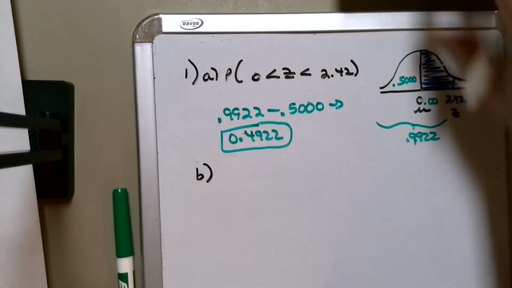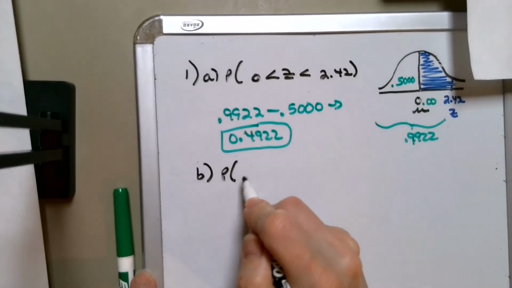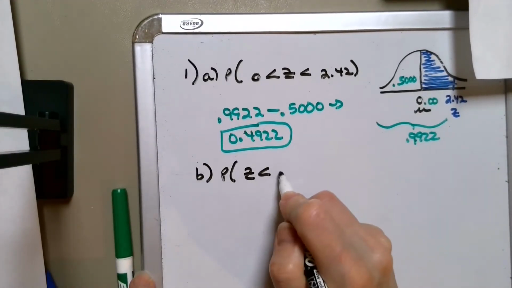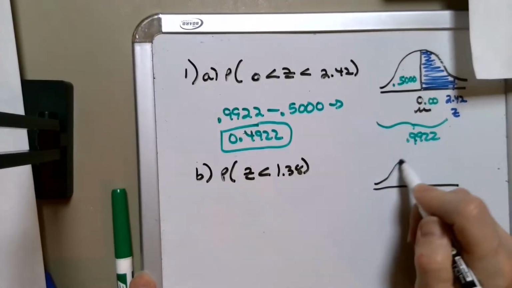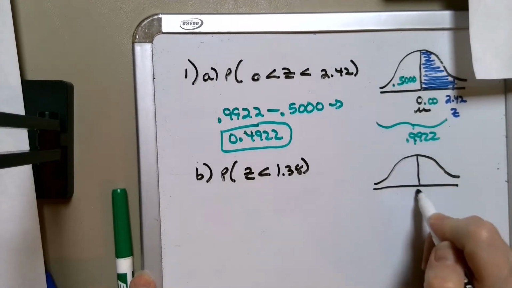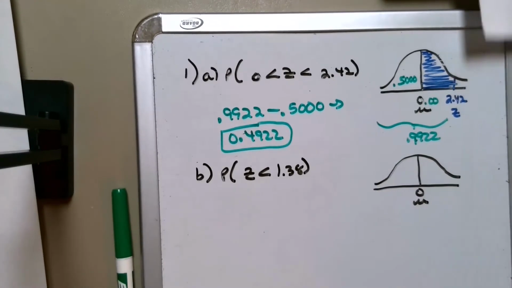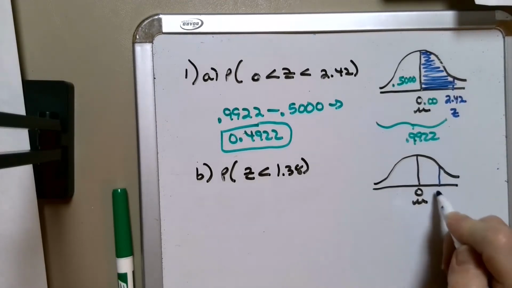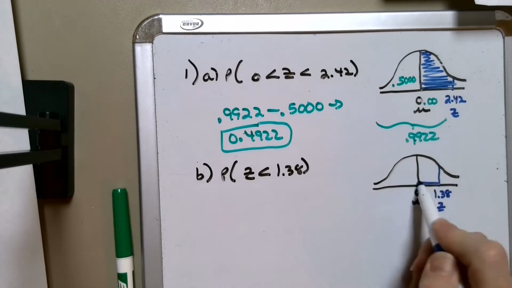All right, 1B. For 1B, it says find the probability that Z is less than 1.38. So again, drawing the picture. In the middle is our mean of Z as 0 in the standard normal distribution. 1.38 is positive, so we're to the right of the mean. Less than means we shade to the left.